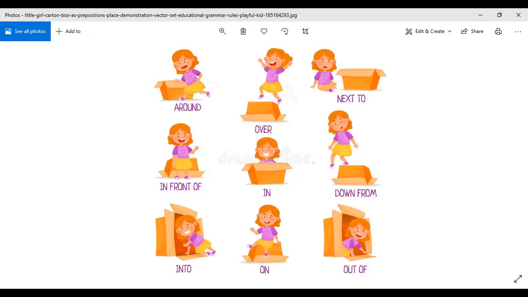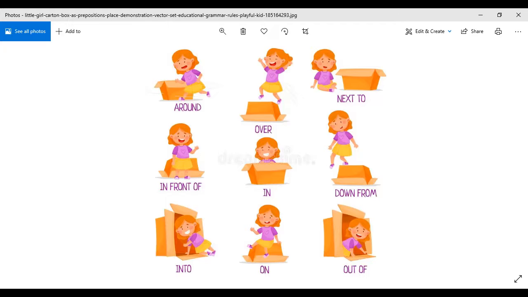Look at the next one. Can anybody explain the meaning of the next one? Next to. Next to means when something is placed closer to something, excellent.